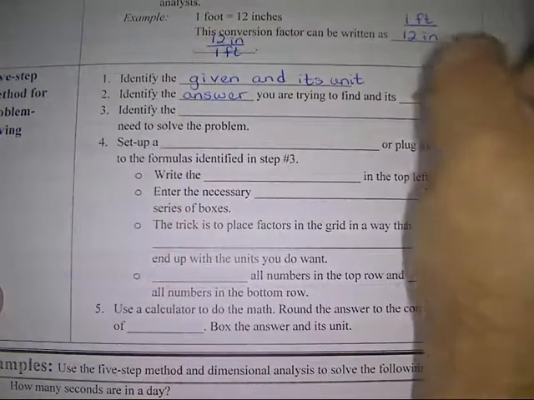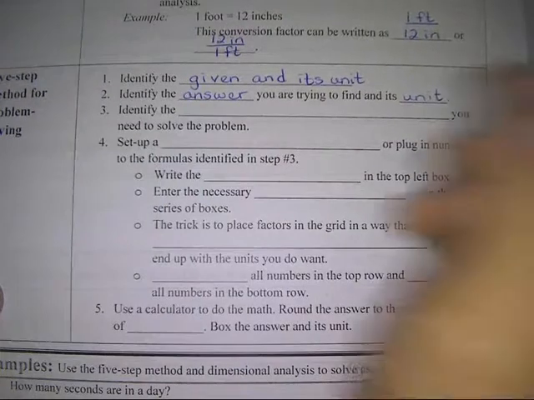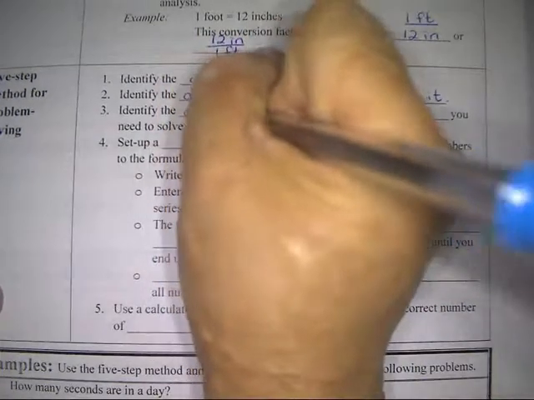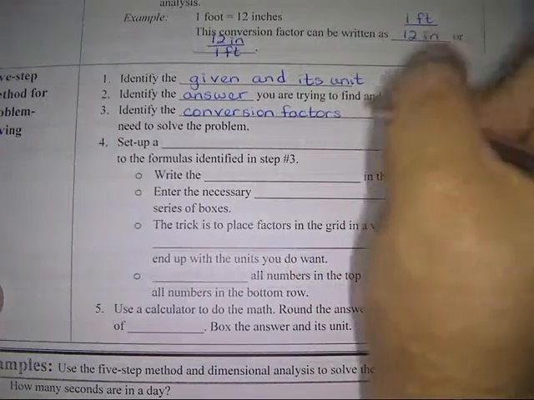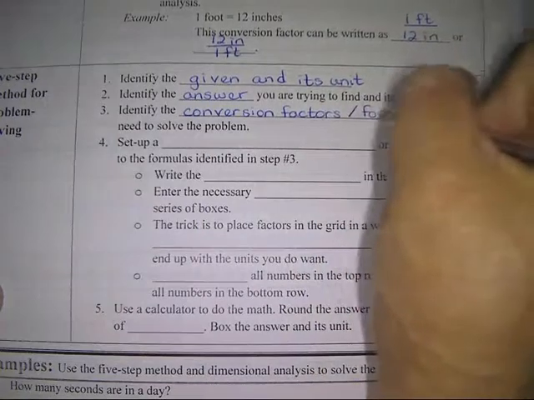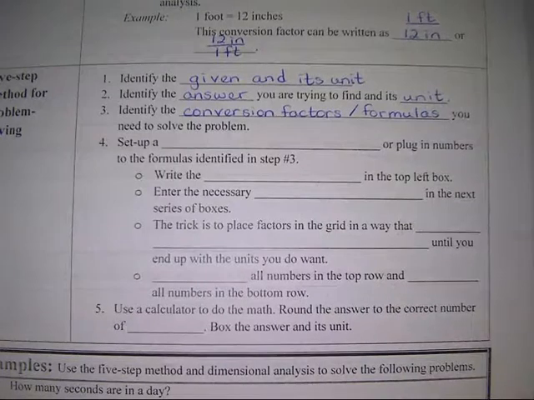The second step, identify the answer you are trying to find and its unit. Third step, identify the conversion factors. Sometimes you won't just have a conversion factor, sometimes it's a formula that you need to use. So the conversion factors or the formulas you need to solve the problem.